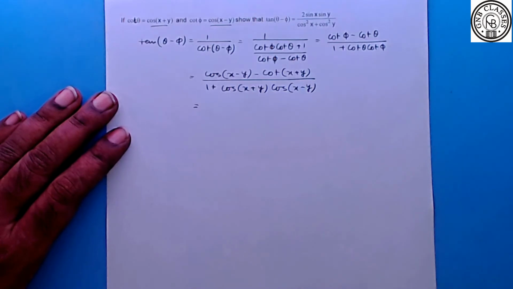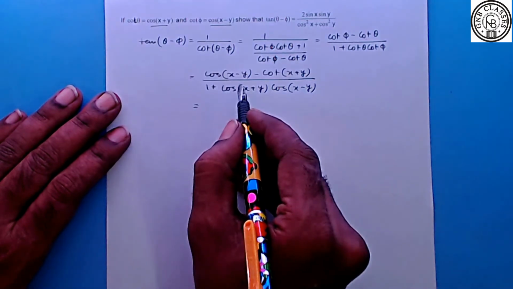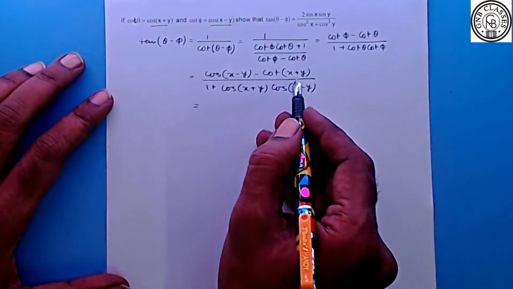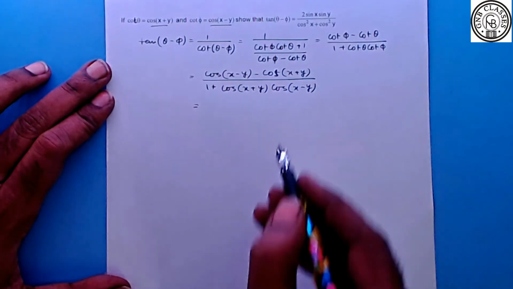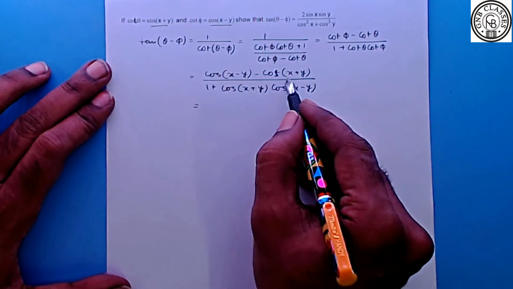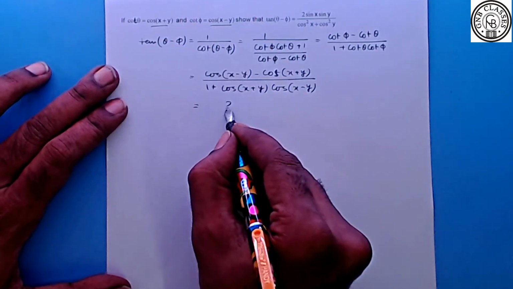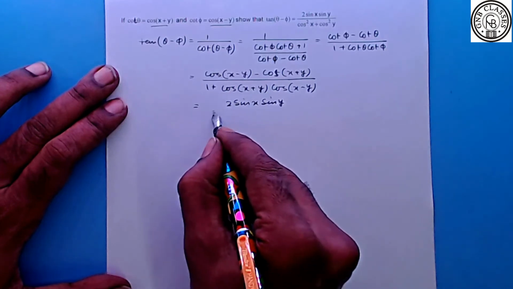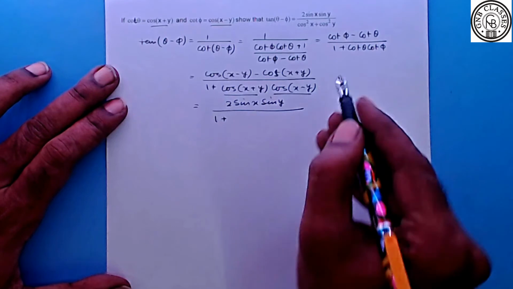Now in the numerator, if I expand cos(x minus y), we are going to have cos x cos y plus sin x sin y, and cos(x plus y) will give you cos x cos y minus sin x sin y. So in the numerator we will have 2 sin x sin y, and in the denominator we are going to have cos(a plus b) into cos(a minus b).